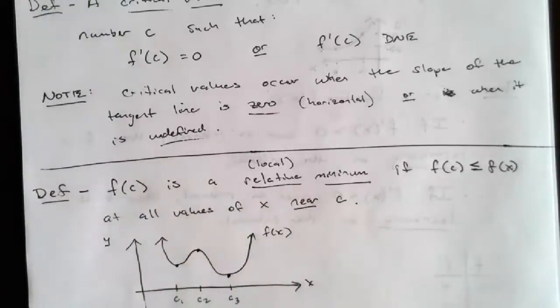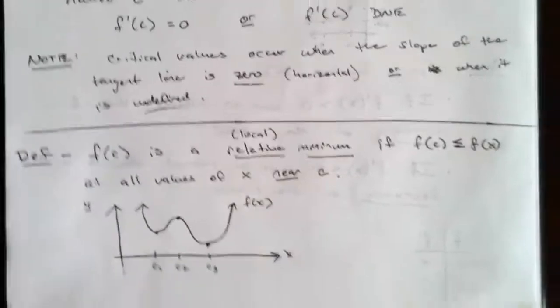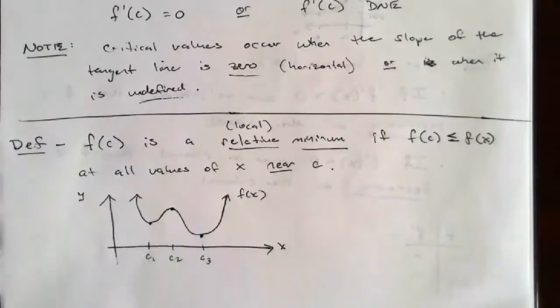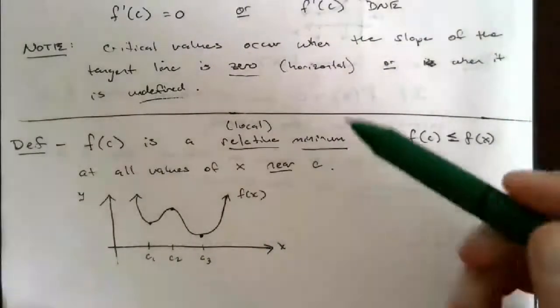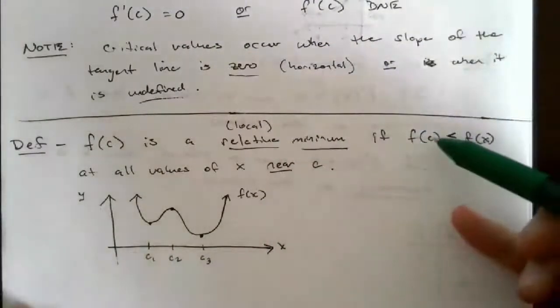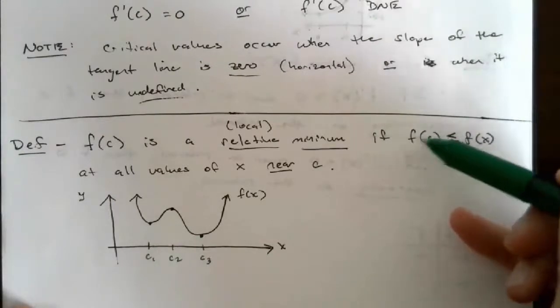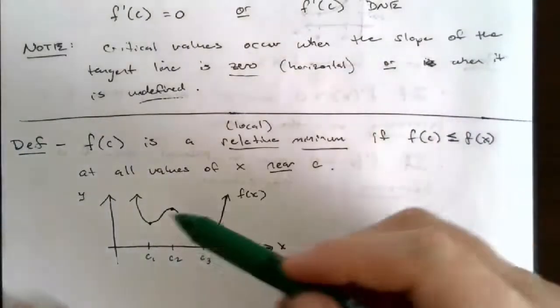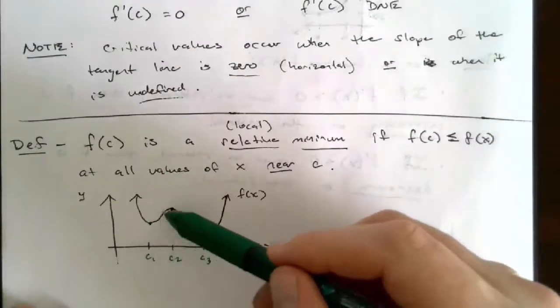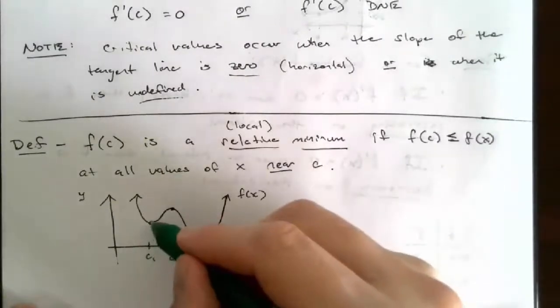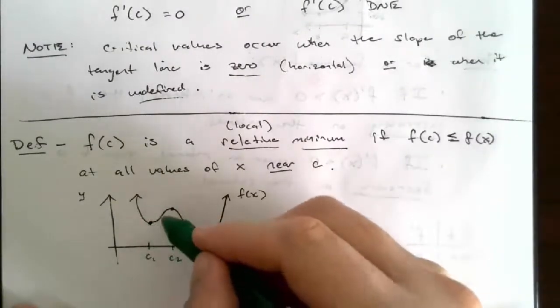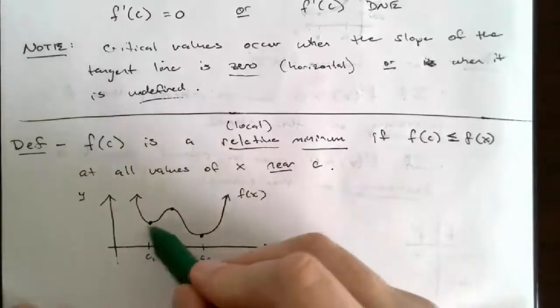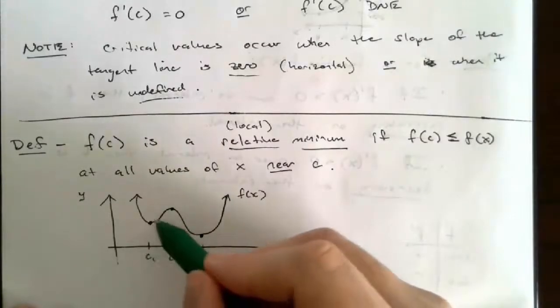So, where would we have relative minimums? Well, you would have relative minimums anywhere that, for all the c values, the y value is lower than all the y values around it. In other words, where you're going to have this low point in your graph and then go back up. So here at c1, it's going downward then coming back up. This value, f of c1, is lower than all the ones that are close to it.